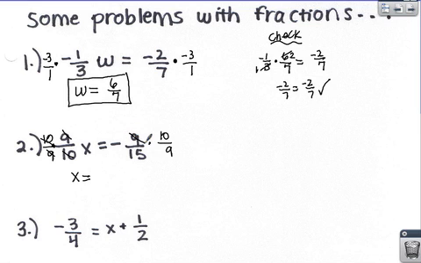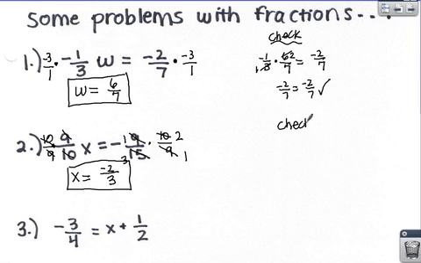Well, I can cross-reduce to get negative 1 and 1, and then here I can divide by 5 and get 2 and 3. Negative 1 times 2 is negative 2 over 3 times 1 or 3. So x equals negative 2/3.